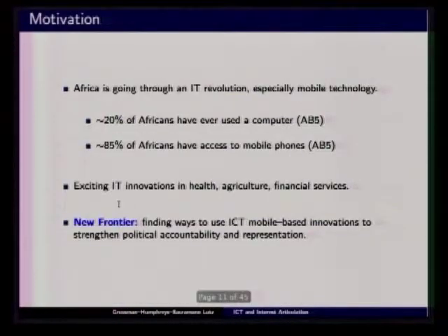So what we believe is really the next frontier, and I think a lot of the people here in the room share this idea, is finding ways to use ICT innovation, especially mobile technology, to strengthen political representation and political accountability.